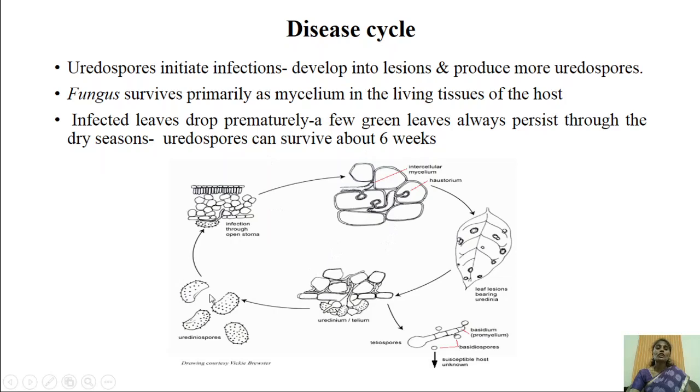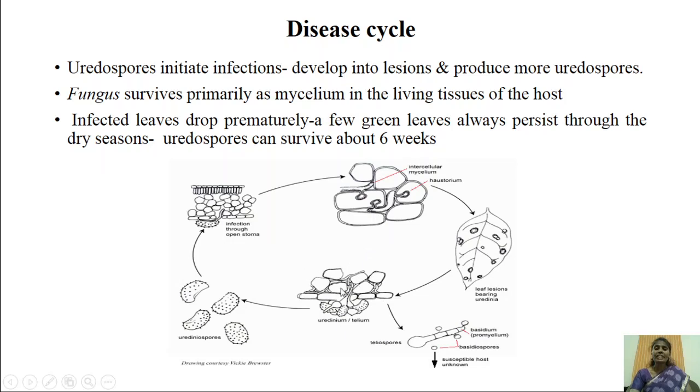In the picture we can observe a uredospore which is going to infect the coffee leaf through a small opening, the stomatal opening. When it is infecting, it starts producing a vegetative mycelium which is usually intercellular in nature, and at a later stage it produces a knob-like absorbing structure called haustoria. Through these haustoria it absorbs nutrients from the host plant and establishes very well in the leaf of the coffee plant.